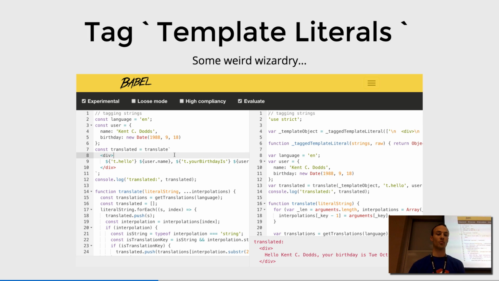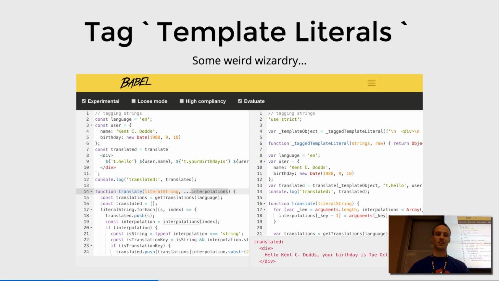And what happens is that function is invoked with the actual literal part of the string. So like this div, this space here, all of that, the literal portions of the string. And then the interpolated parts, like the dollar curly brace stuff, are spread across the rest of the arguments. So you'd have this.